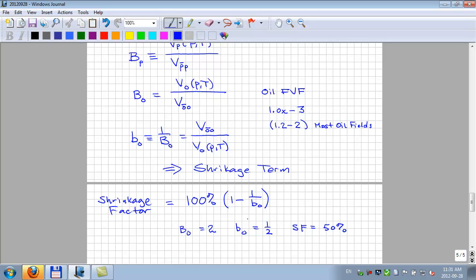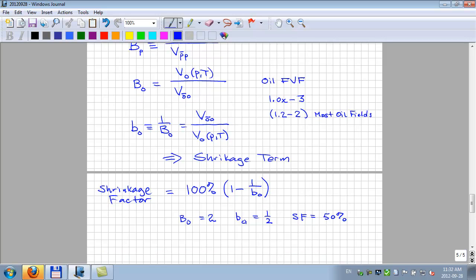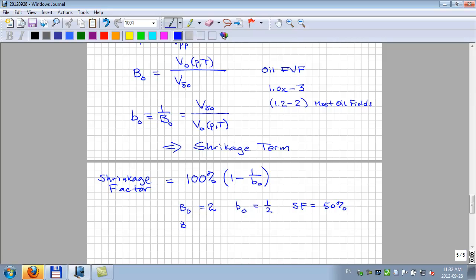So the oil shrinks by 50%. If BO is 1.5, then little bo is 2/3, and the shrinkage factor would be 33% with this equation. It shrinks by 33%. Well, that's correct.